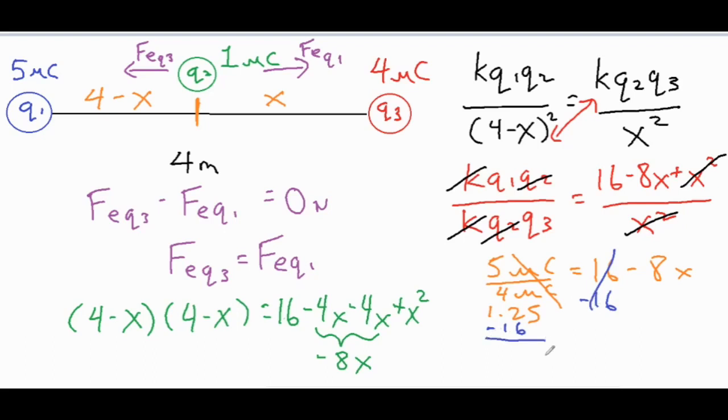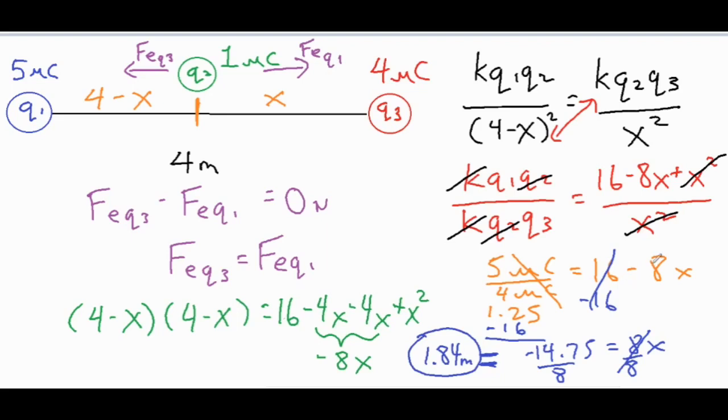And then we would get negative 14.75 equals negative 8x, and then divide both sides by negative 8.